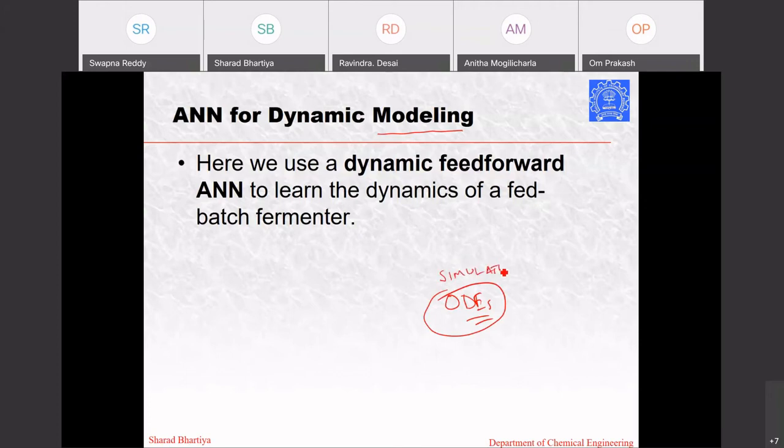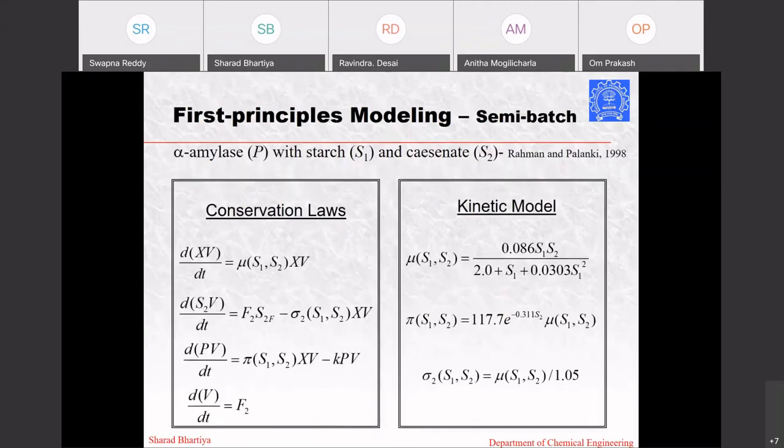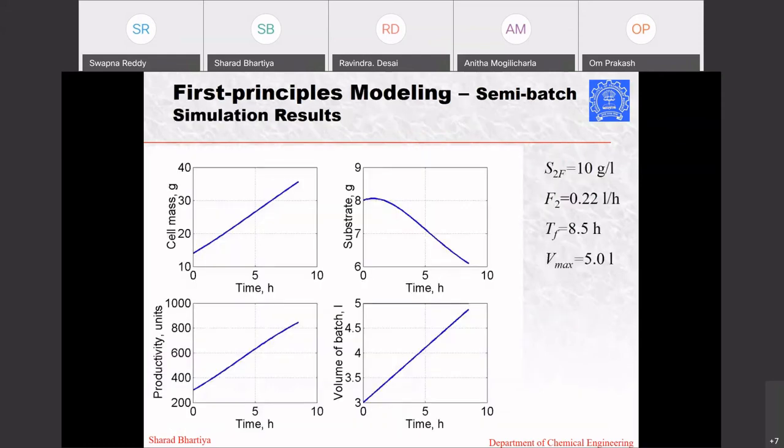It is an ODE plant. The plant itself is not real, but just ODEs like shown over here, and you try to predict. So it's a semi-batch fermenter, and you could try to predict how the cell mass grows with time, how the substrate depletion takes place, how the protein grows with time, and of course the volume of the batch.